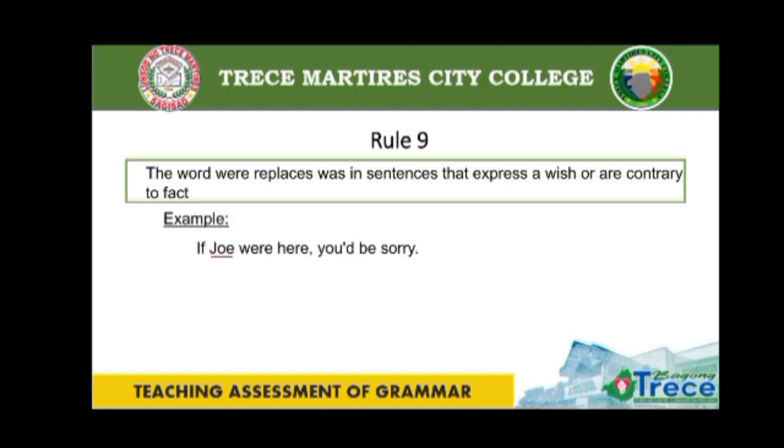The subject here is Joe, and the verb is were. Because of the word if, the subject, which is Joe, is singular, right? Then, because of the word if, we're going to use a plural verb because of this rule.